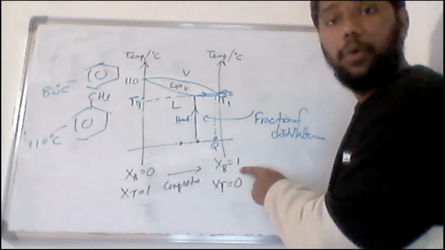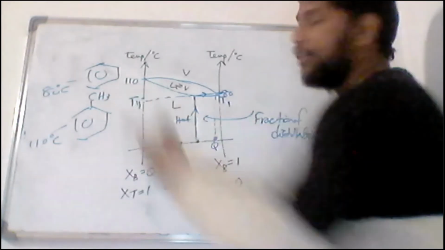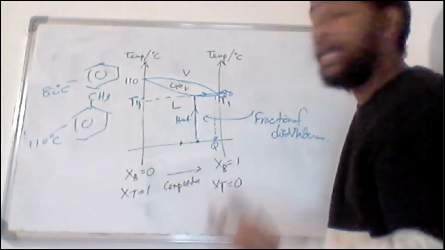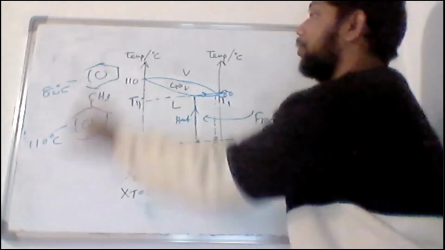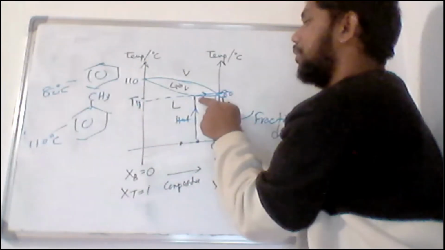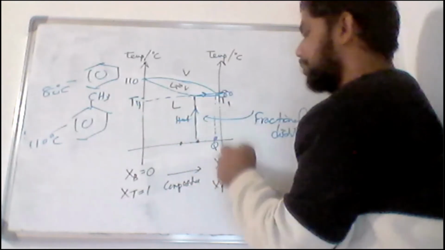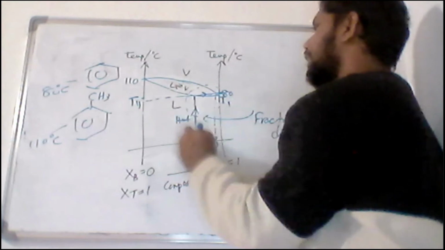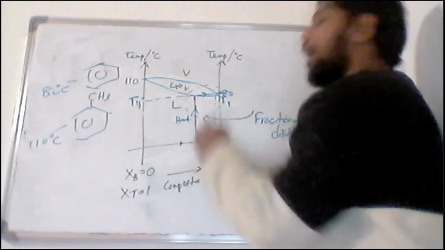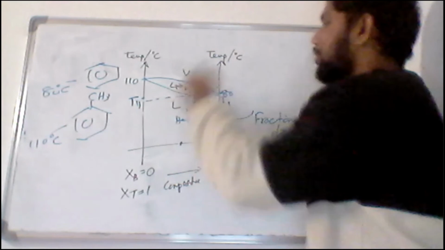You see why more benzene? The boiling point of benzene is lower and its volatility is high, so it goes more when you heat. So after one cycle, heating, equilibration, and condensation, this is one cycle.